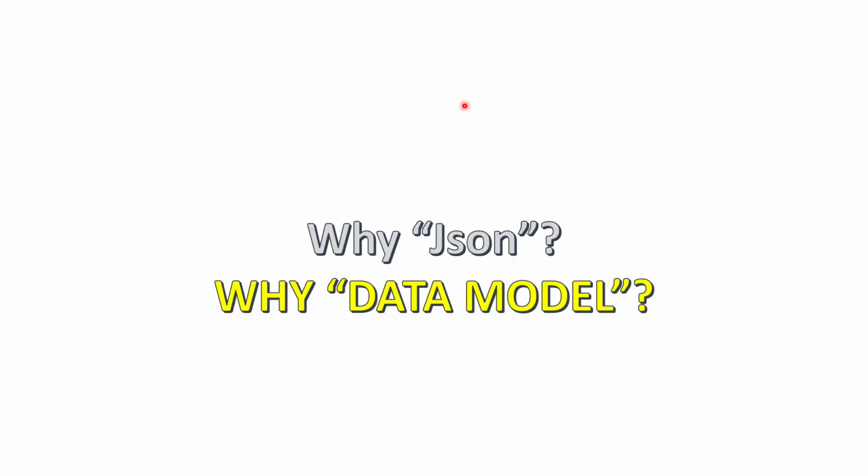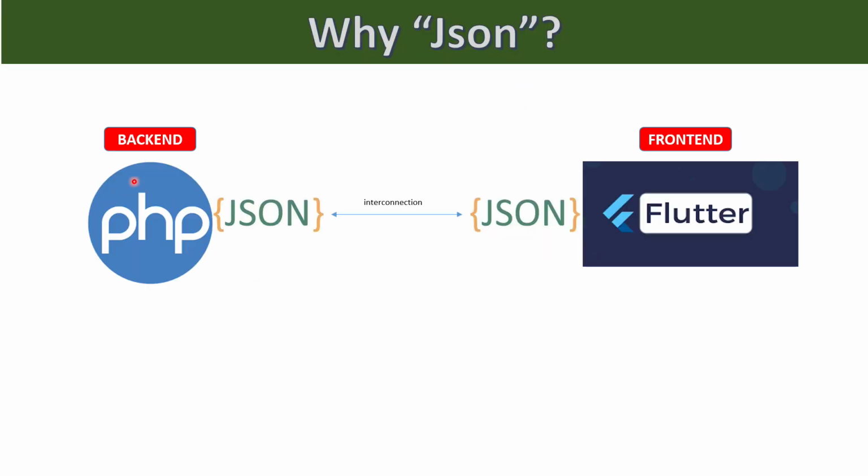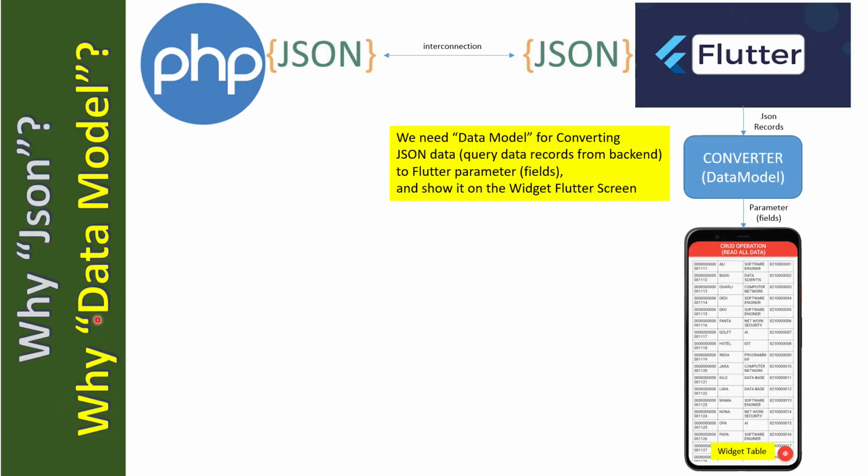Okay, we have mentioned why JSON: because between backend and front end we have JSON, this is the interconnection. And why do we need a data model? We need the data model for converting JSON data, the query data records from the backend, and also for the Flutter fields.